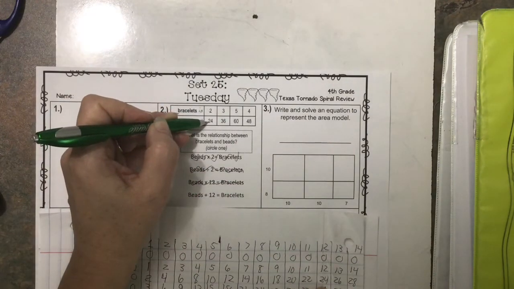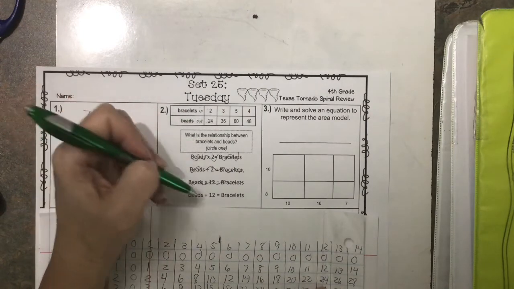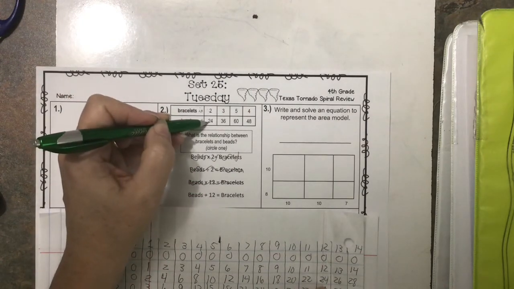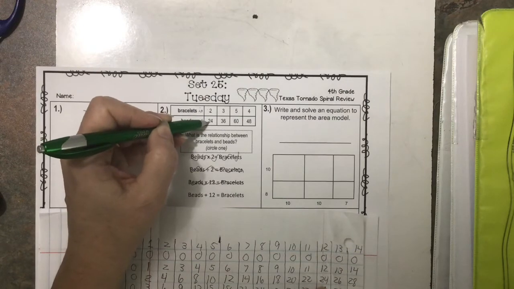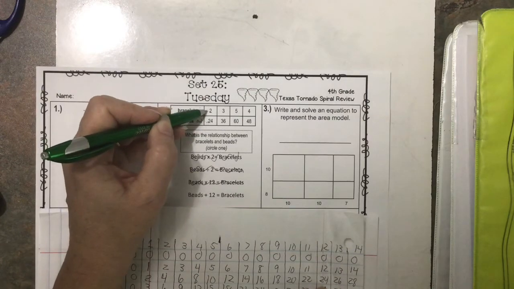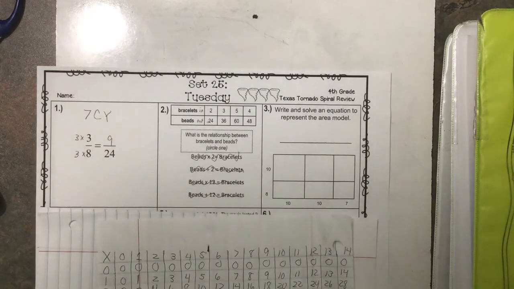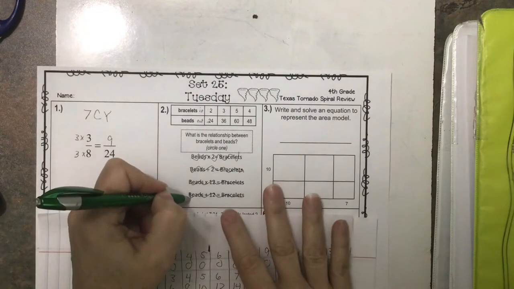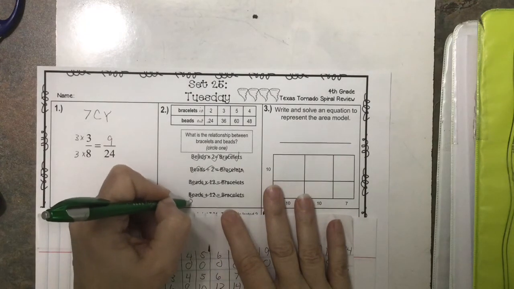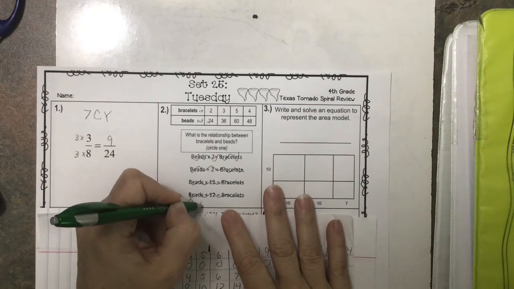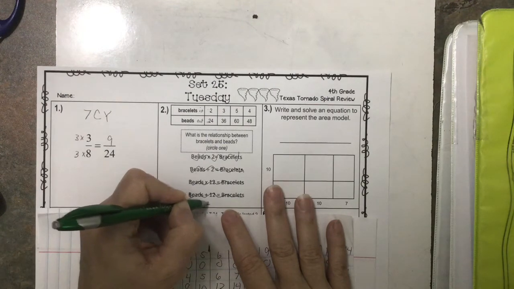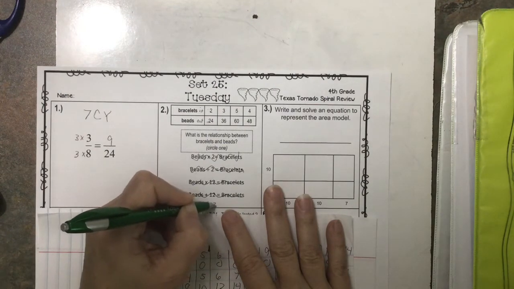What if I did beads plus 12? 24 beads plus 12. 24 plus 12 more is not going to get smaller. It should get bigger. So that's not correct either. There's another typo. See, we're just finding all kinds of typos in these problems. Okay, it should be that we start with our beads and we should divide by 12.